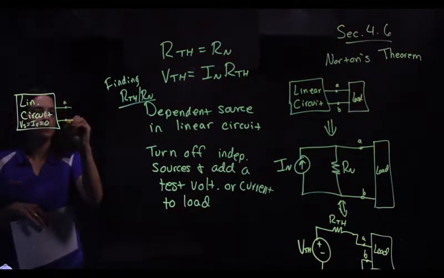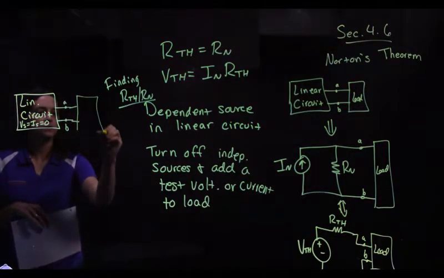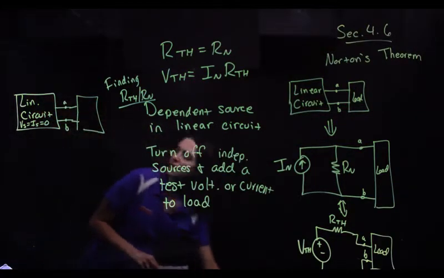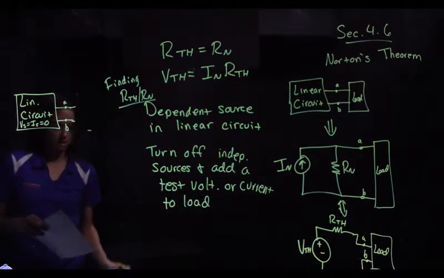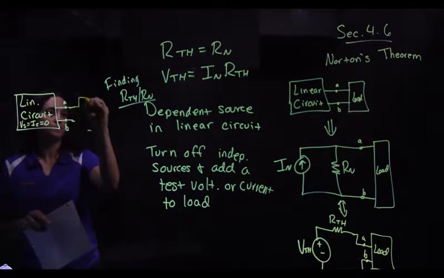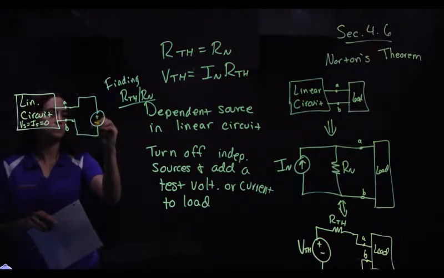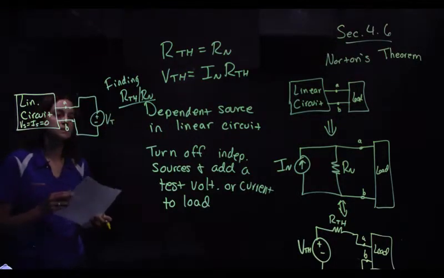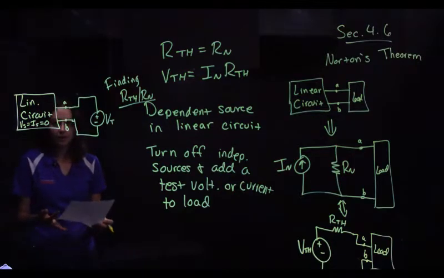And at our load, we're going to add a test voltage. I did not mean to draw that. I think I'm getting a little tired today. A test voltage or a test current. So let's add a test voltage. This test voltage can be any value you want it to be. Obviously, what's a really convenient value to pick?